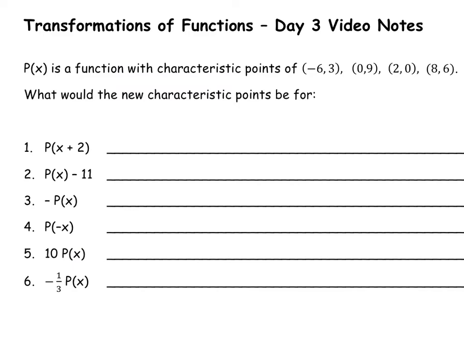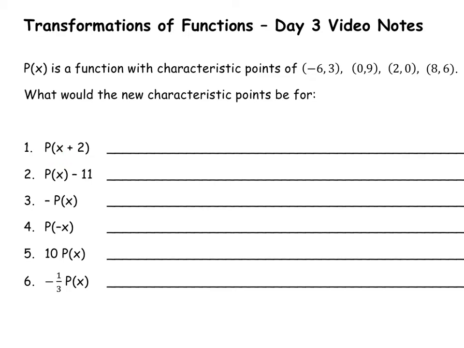Okay, we're going to review what we know from last week. So we're going to use this set of characteristic points: negative 6, 3; 0, 9; 2, 0; and 8, 6. What would the new characteristic points be if we applied this type of transformation? In this case it's a translation, and it's going to be a translation horizontally because it is inside the parentheses.